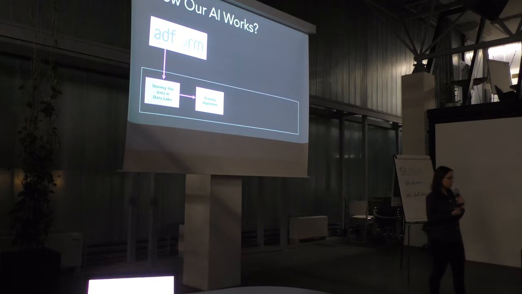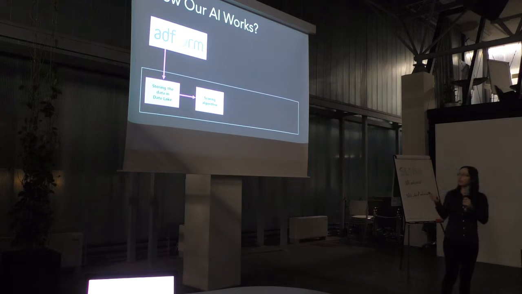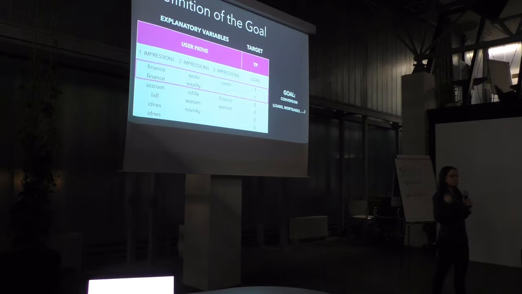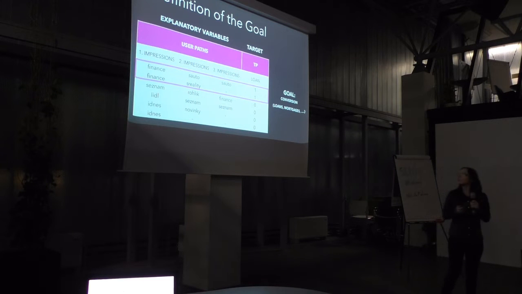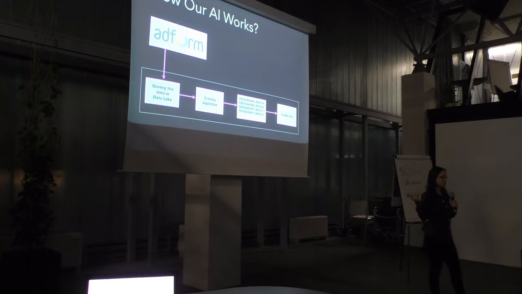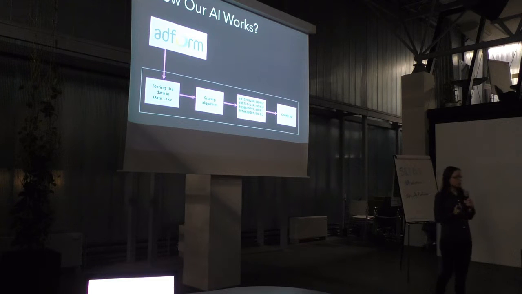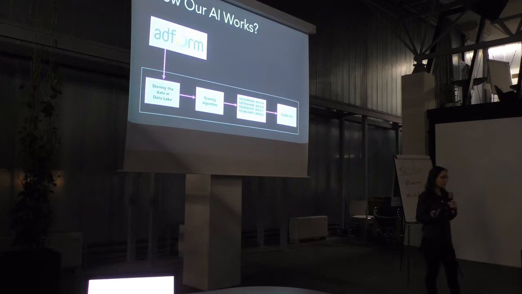Using this information, we are able to apply a scoring algorithm, and once we match the user journeys with a target, so whether the cookie has hit our tracking point or not, so has taken our loan or not, we are able to apply this information in a machine learning algorithm and then get a list of cookie IDs and their corresponding bid multipliers, which represent our computed affinity of each cookie towards our goal. So we could represent it as the affinity of the cookie towards our topic or towards our interests.